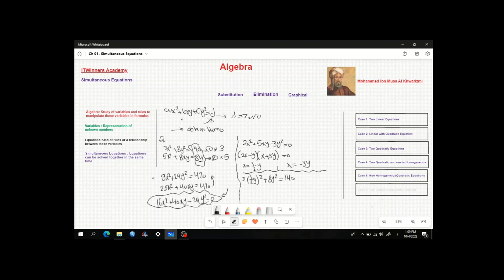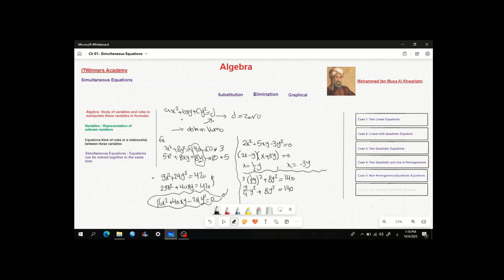So 3 over 4 y squared plus 8y squared equal to 140.